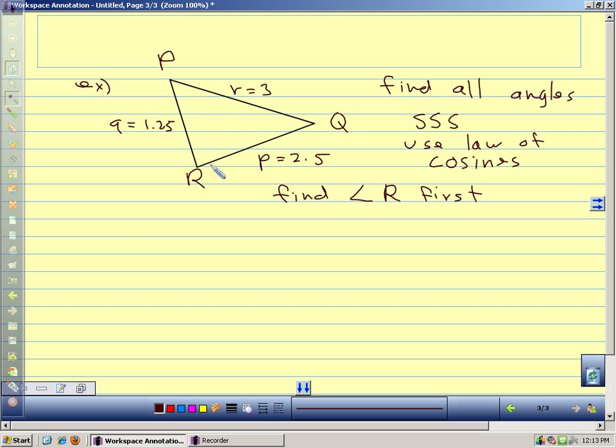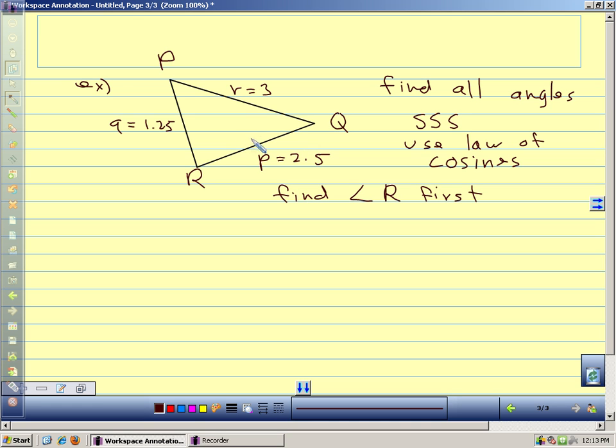When we use the law of cosines, we want to find the biggest angle first. If we don't find the biggest angle first, we can run into some problems finding the other parts. And again, when you talk about the law of sines and law of cosines in future math classes, you'll have to keep track of that. But when we use the law of cosines on side, side, side, we want to find the biggest angle first.